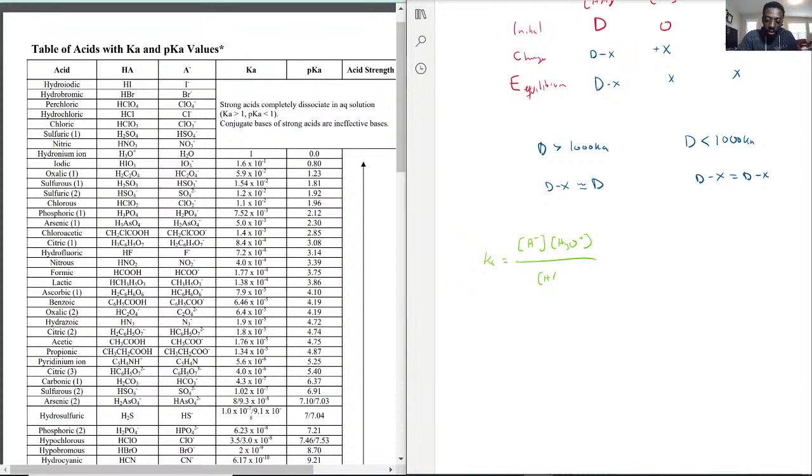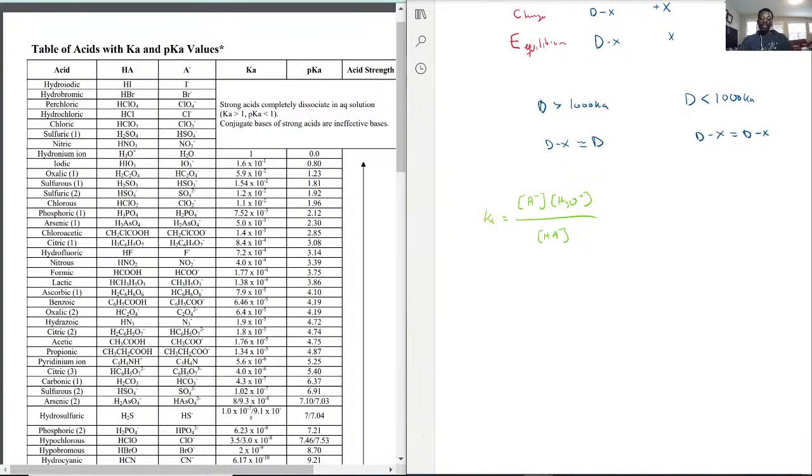So if we plugged everything in, if the concentration was 1,000 times greater than Ka or more, you would pretty much have x squared over D. You make it D times Ka, and that equals x squared. Then you square root both sides, so x, which is the concentration of your acid, is the square root of the concentration D times Ka.